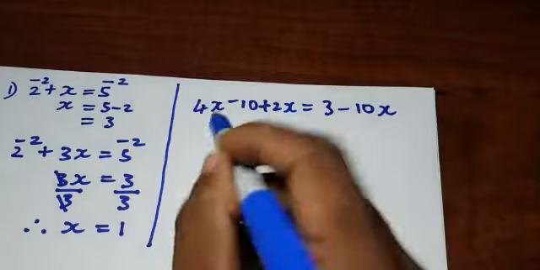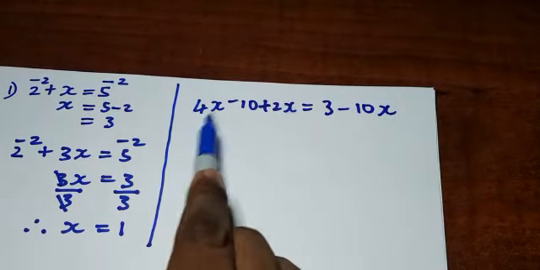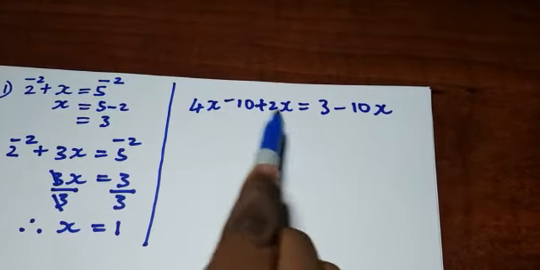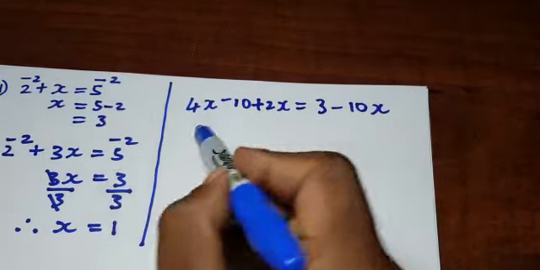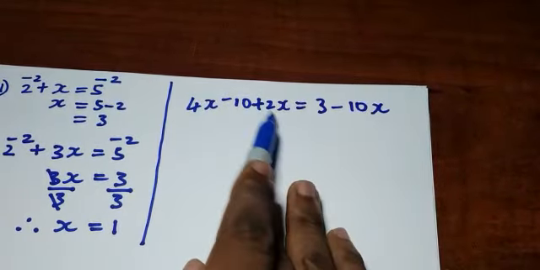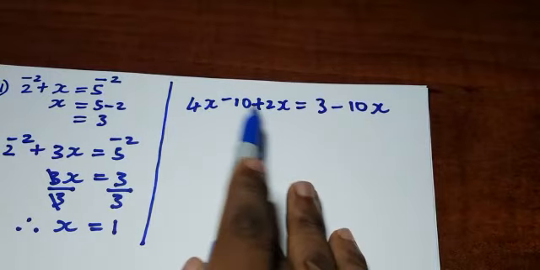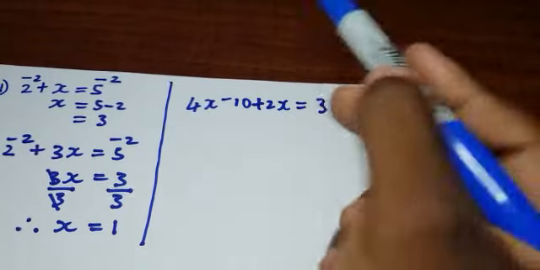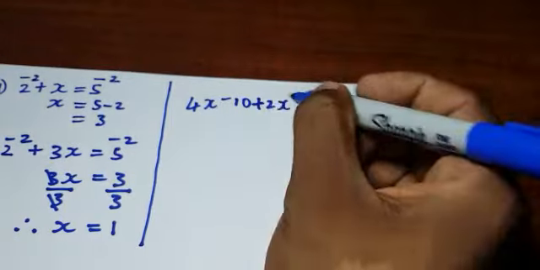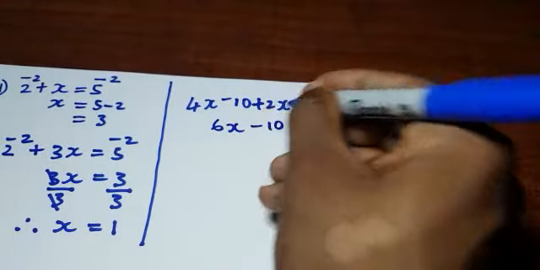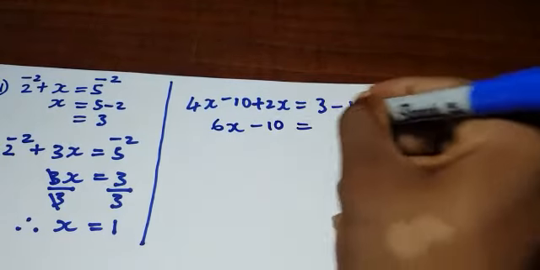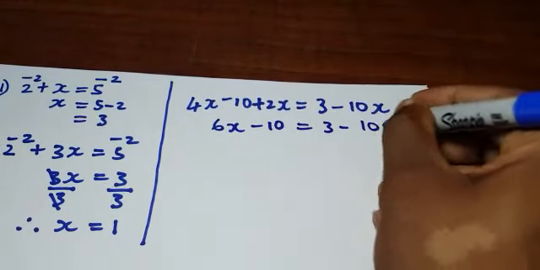Now we see 4x and 2x on this side of the equation, minus 10x here. So focusing on this side of the equation, we see where we can simplify this side from the get-go. So by adding 4x and 2x, we get 6x. And we put back the minus 10 and proceed as usual.